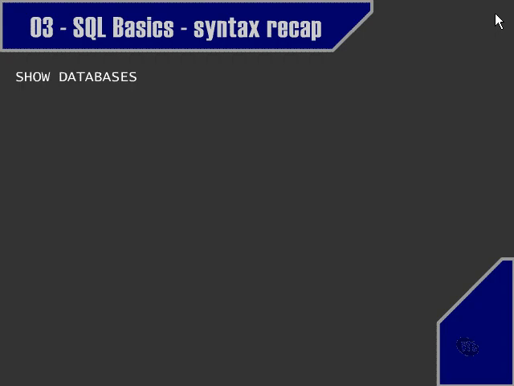We use show databases to show a list of all the databases on the MySQL system. We use use with the database name to select the default database that we're using.